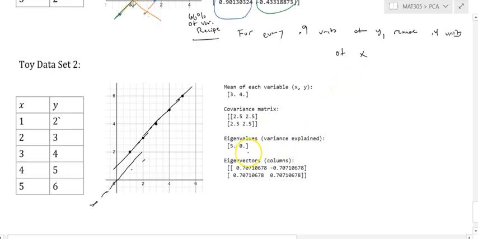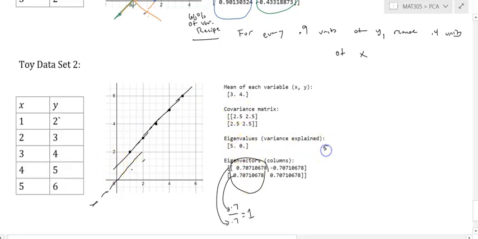And what we're saying is that this eigenvector, which notice the ratio of 0.7 to 0.7, that rise over run, here's your rise, here's your run, is equal to 1. That's a slope of 1, right? So it just so happens that it exactly matches the slope because that is where all of the variation is.